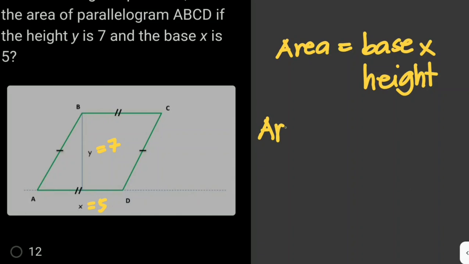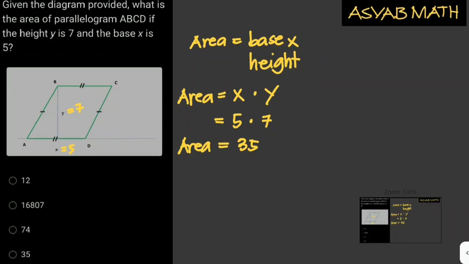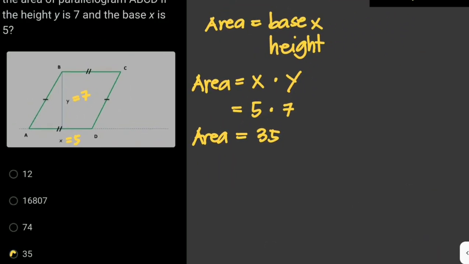So area here is just equal to our base, which is x, times our height, which is y, and then we plug in the values. 5 times 7. So our area here is just equal to 35. So the answer here is 35.